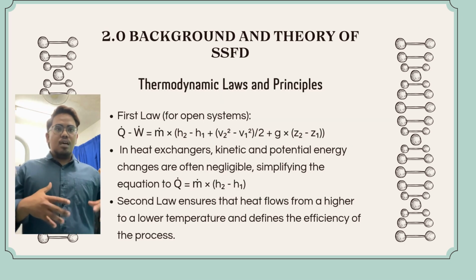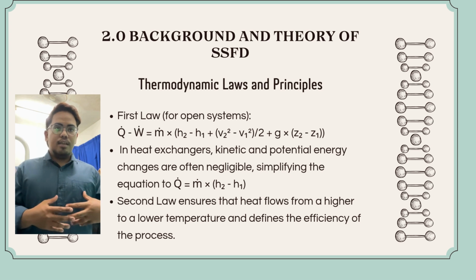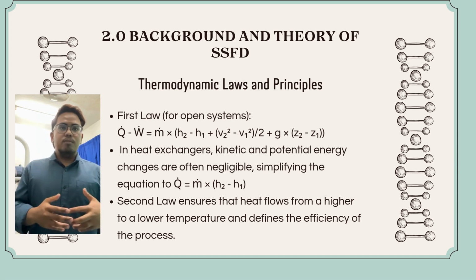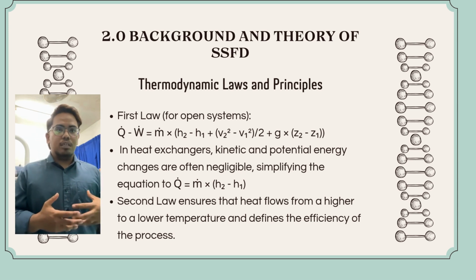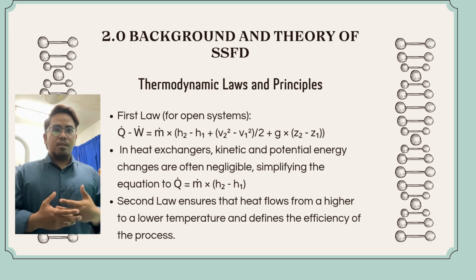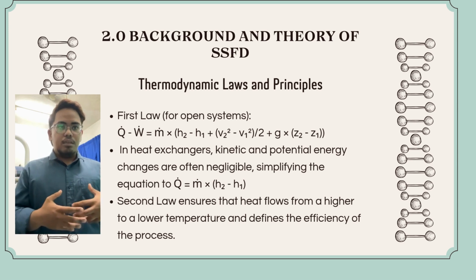Alright, so next, I will explain the thermodynamic laws and principles. Right, so the first law of thermodynamics for an open system relates heat and work transfer to changes in enthalpy, velocity, and elevation. It's expressed as Q dot minus W dot equals m dot times the change in enthalpy, kinetic energy, and potential energy.